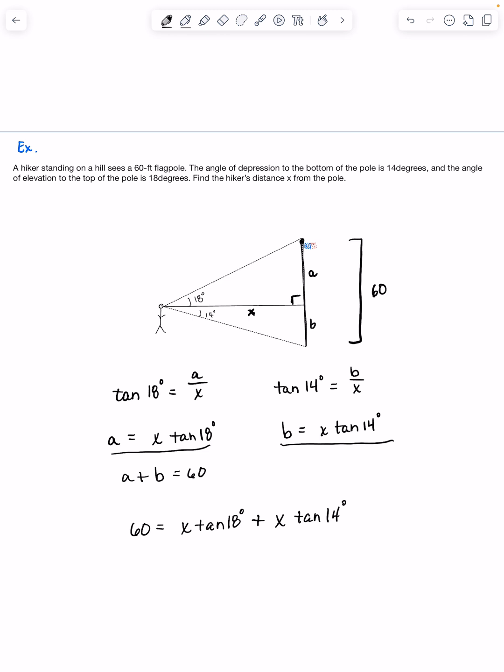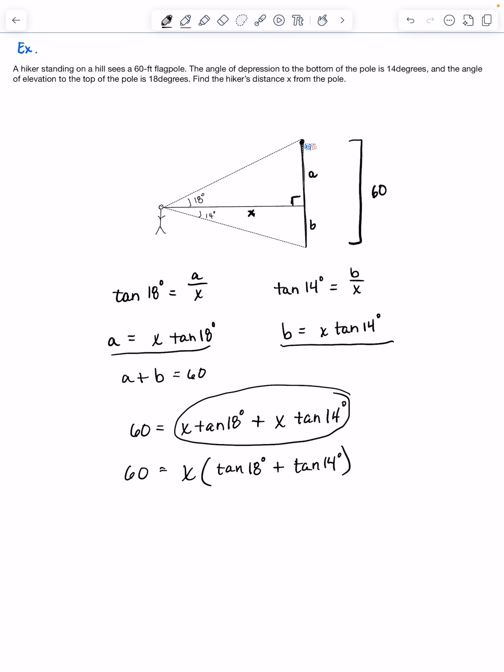X is my unknown, and this is where all the algebra comes in, because if I look at this expression right here, I'm trying to isolate X. To isolate X, I could just factor it out or take it out of both of those terms. So I've got X times the tangent of 18 plus the tangent of 14, which means when I isolate X, I'm just dividing both sides by all that.